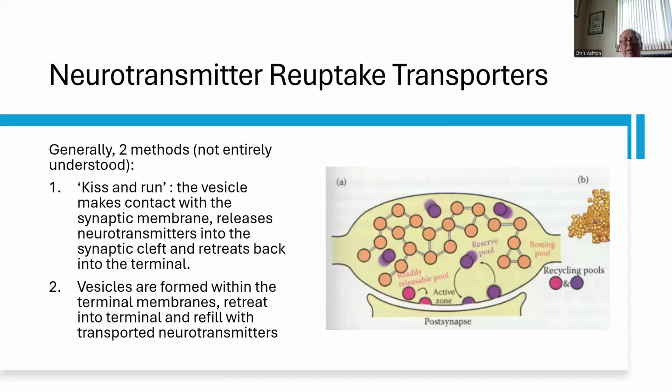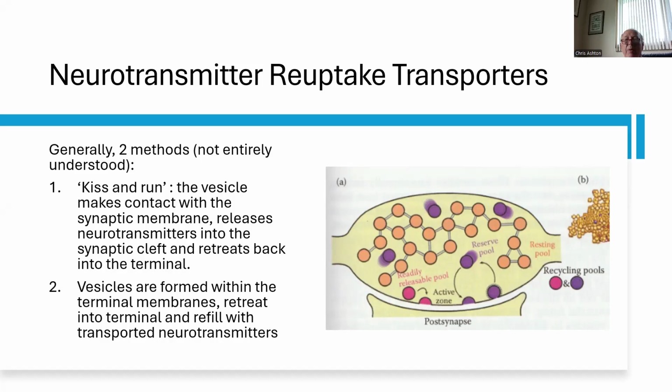And this is interesting and worth giving some thought to, although not entirely understood. But the best minds in neuromicrobiology talk about a kiss and run, in terms of the vesicles.